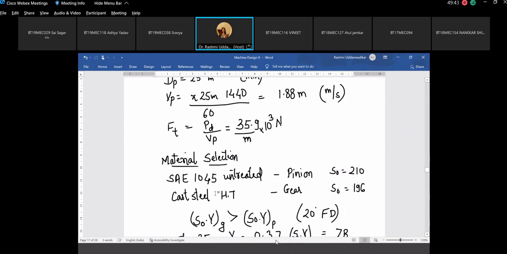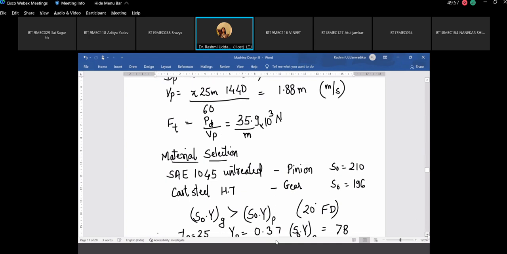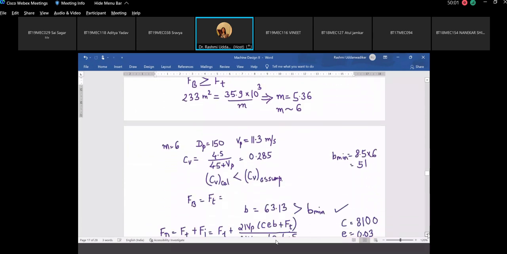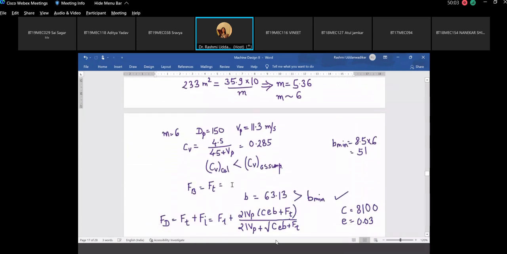And the value of FT is definitely the force required for transmitting power, which is PD by VP. This design power, you are definitely sure what is the value. VP you have just calculated. So assume or get this value of FT over here. This we equate with FB, and from this FB we calculate the value of B.